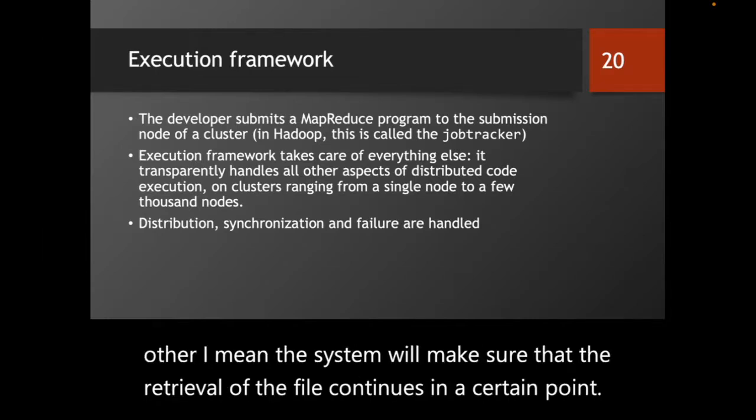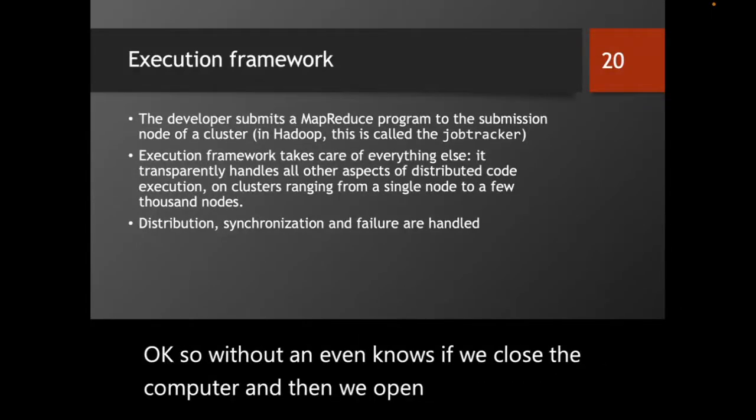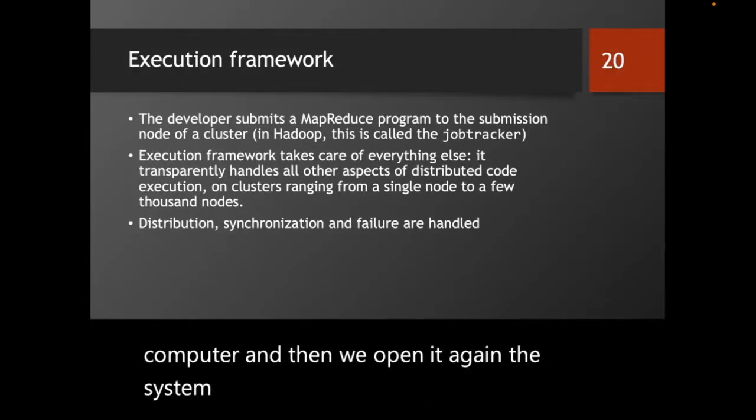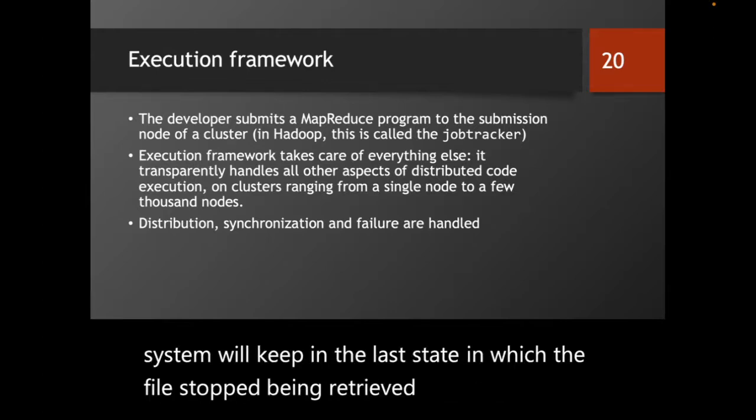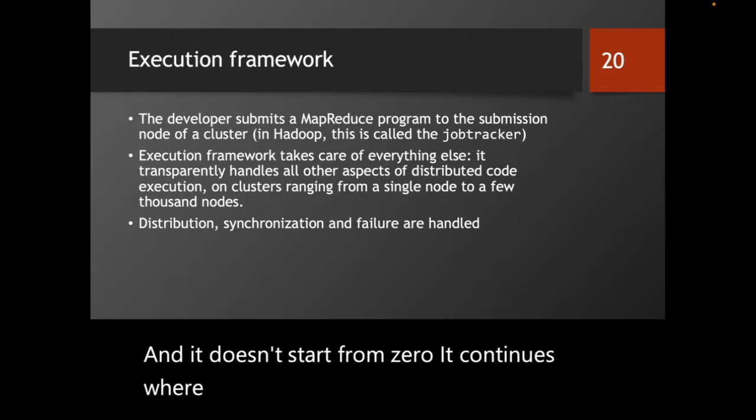Even if we close the computer and then open it again, the system will keep the last state in which the file stopped being retrieved and composed, and it continues. It doesn't start from zero, it continues where you stopped until the file is completed.